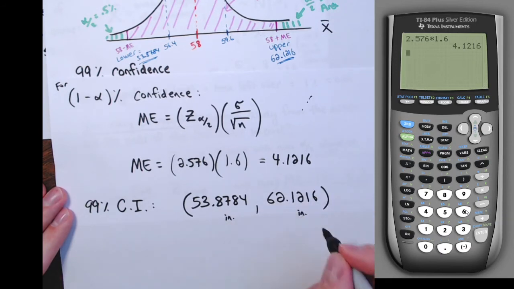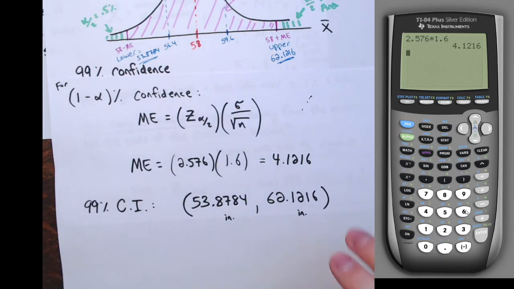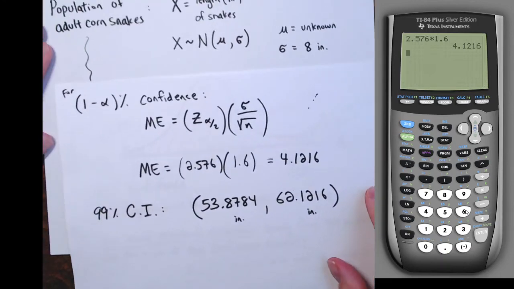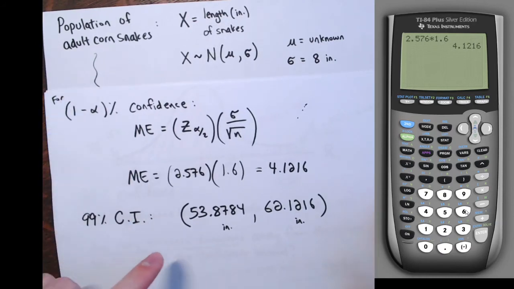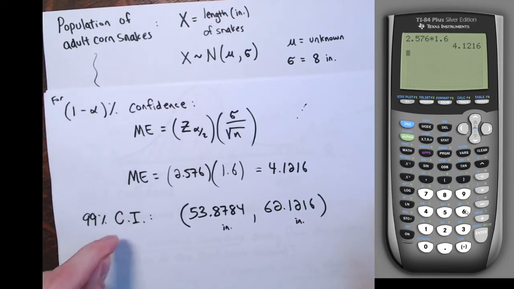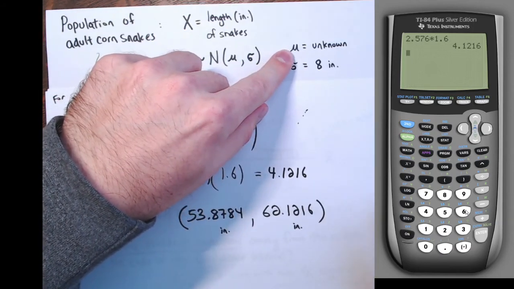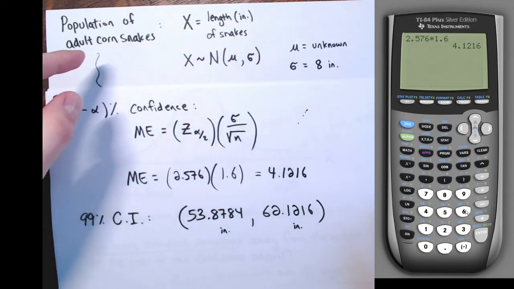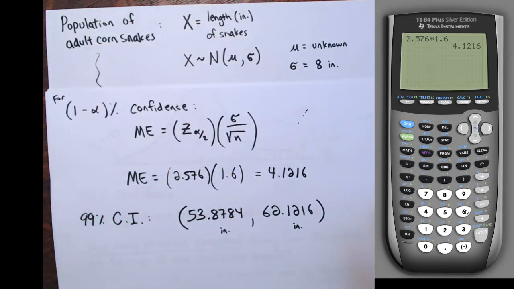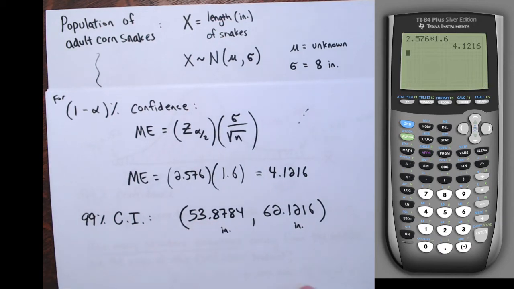Based on that sample, we are 99% confident that the value of mu, the original population mean, the mean length of all adult corn snakes, is somewhere between 53.8 inches and 62.1 inches. That is what we are saying with all this. Now they did say to round the final answer to 2 decimal places, so that would be 53.88 and 62.12.